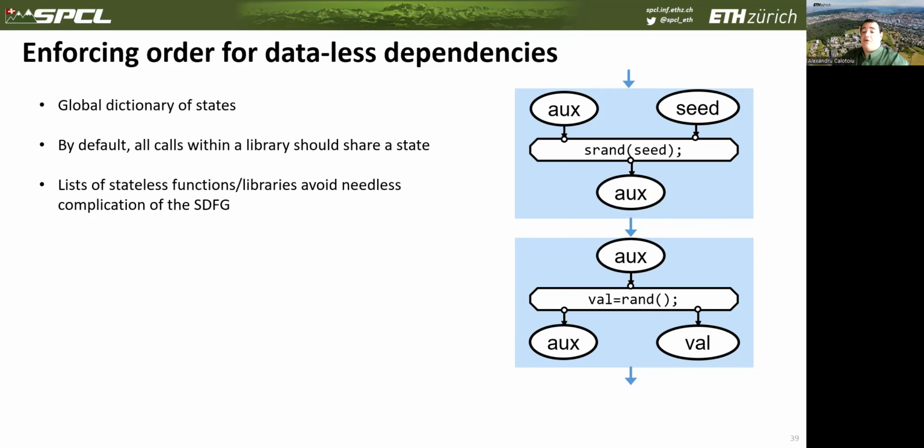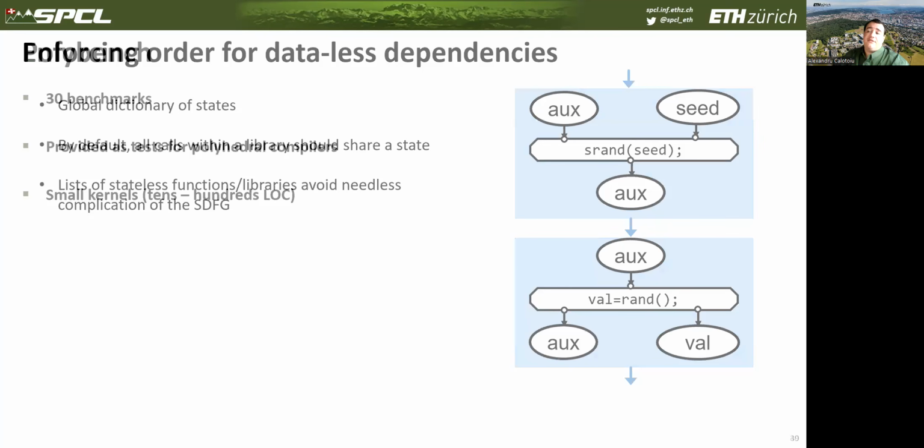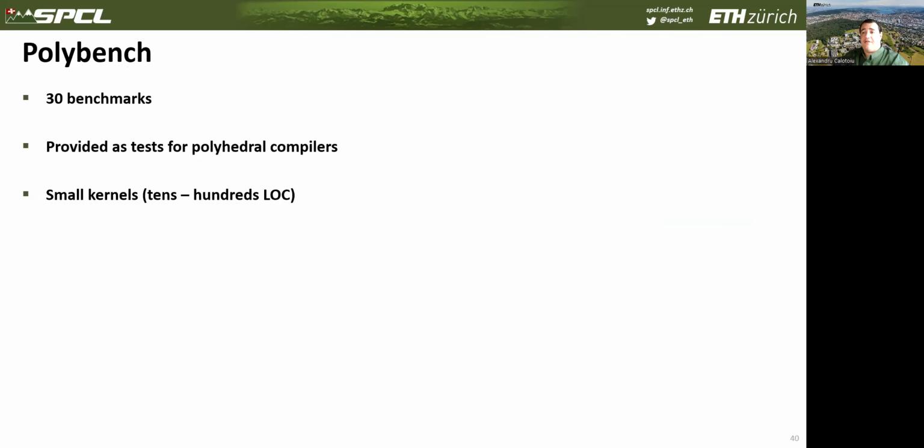In this case, if we know that external libraries can have an internal state, we simply add auxiliary data flow, a dummy data flow variable, to ensure that the order is preserved.